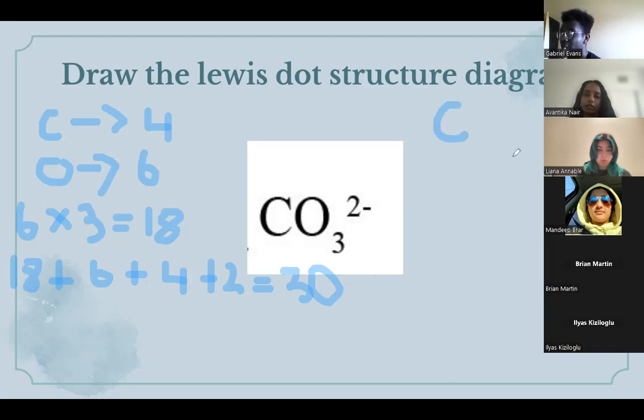Yeah, so this is our central atom. We've identified it. What do we do next? I'm so sorry, my drawing skills are subpar to say the least. But so I see, surround the C with 3 oxygens.